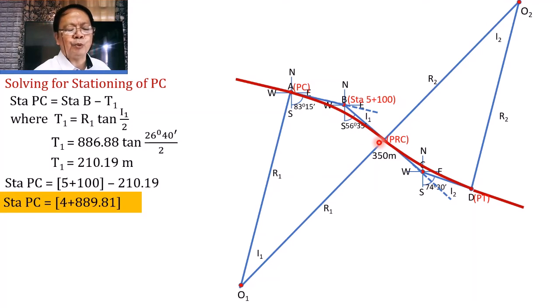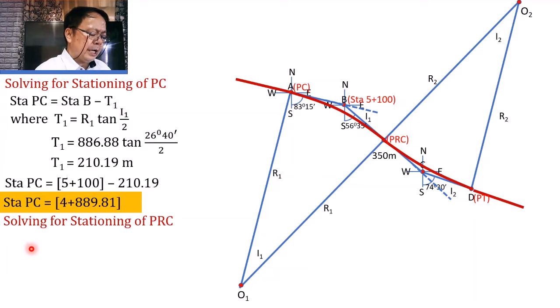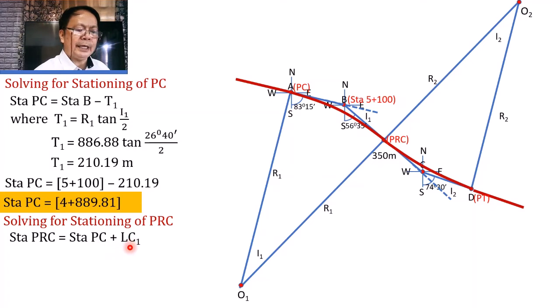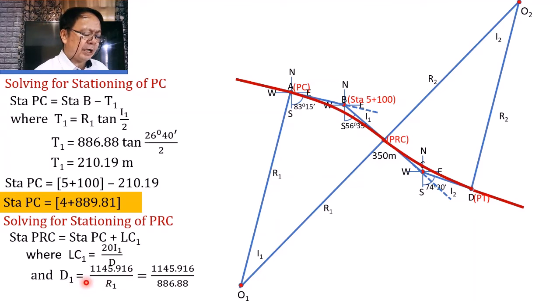If the length of the curvature will be computed using chord basis, then the stationing of the PRC will be equal to the stationing of the PC plus LC sub 1, where our LC sub 1, using the chord basis computation, will be equal to 20 times I sub 1 over D, where the value of D can be computed using its relation with R, and that is equal to 1145.916 over R. Now substituting the value of the radius of 886.88, we can find the degree of the curvature to be 1.303356 degrees.